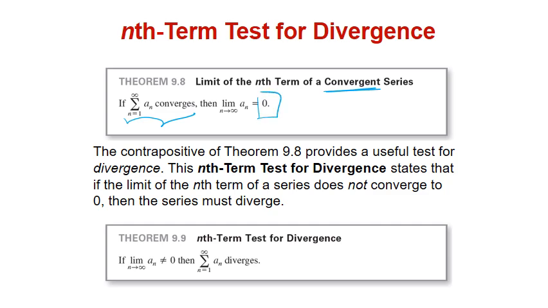Well, the contrapositive helps us identify a test for divergence, and this is yet another theorem. So this is the nth term test for divergence. This is saying if the limit does not equal 0, then the series must diverge. Okay, so we'll see some illustrations of these.